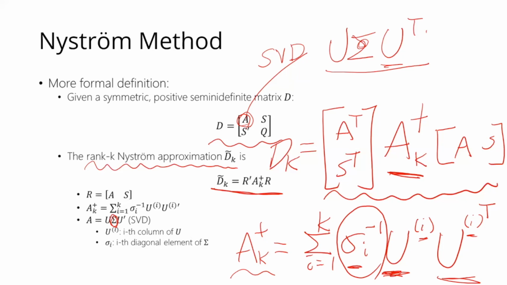So we're basically taking the first k singular vectors and the singular values from the SVD result, and then approximating a matrix, reconstructing a matrix A, using those first k values. And that's what this A_k plus means.